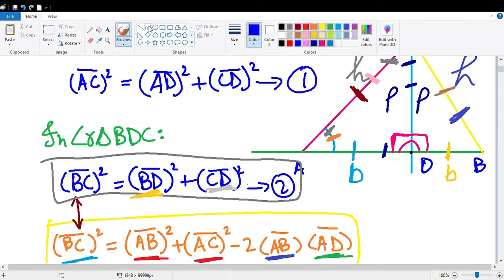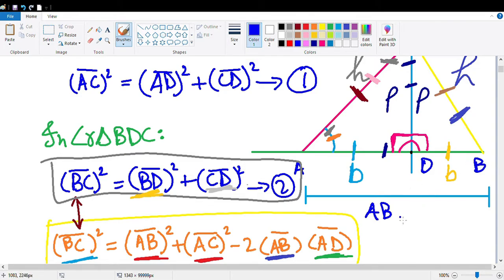How? If you come over here, right here, this whole length is AB, and what we're concerned with actually is BD, right?